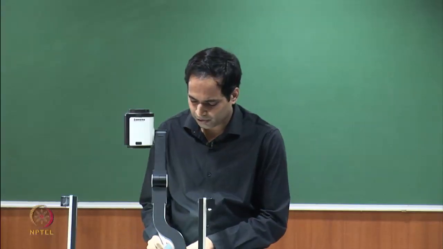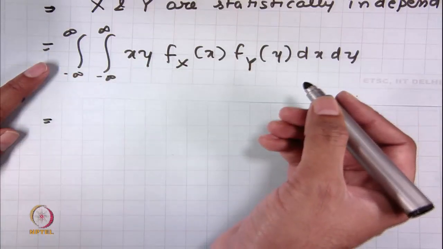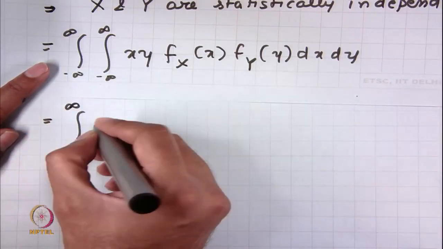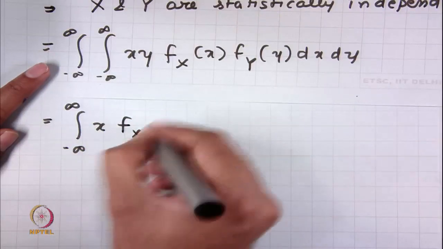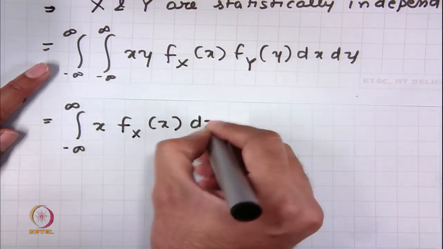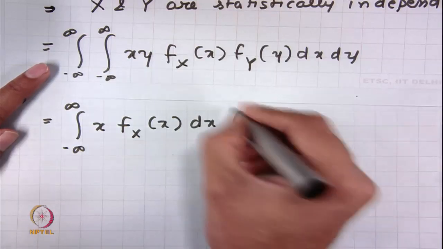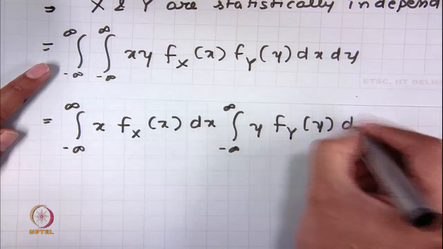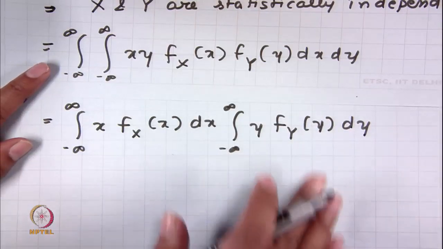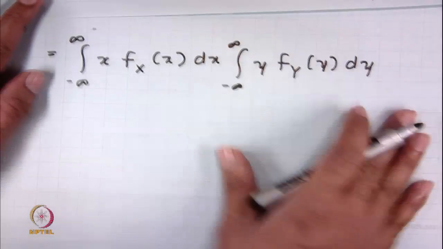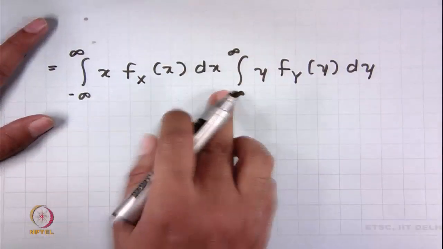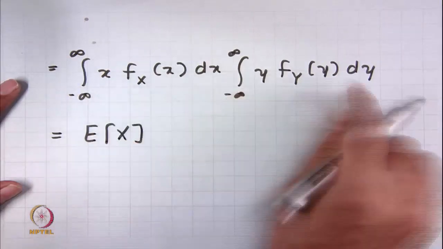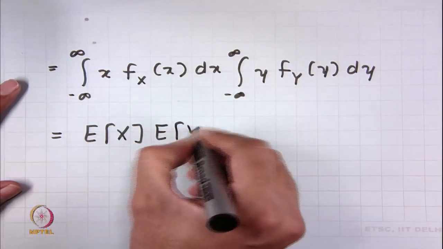I can start with this expression, change the order of integration as I have done before, and I get this. So, what is this expression now? As you can see, this is the expected value of x and this is the expected value of y.